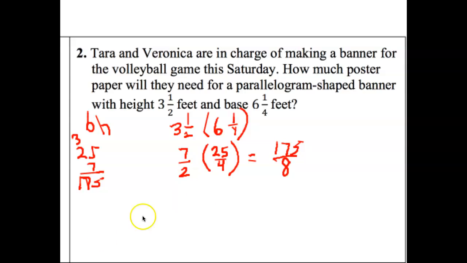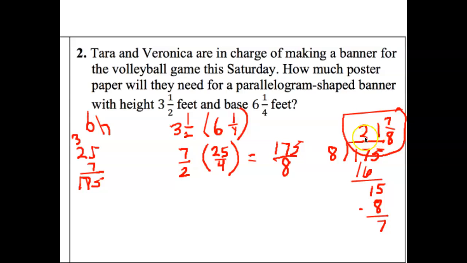Go ahead and solve this for me, please. To set this up, we put the numerator inside the division symbol, and we divide by the denominator. The area of this parallelogram will be 21, and since the remainder was 7, we're going to put 7 as the numerator and 8 as the denominator. So the answer is 21 and 7/8 square feet is going to be the area.